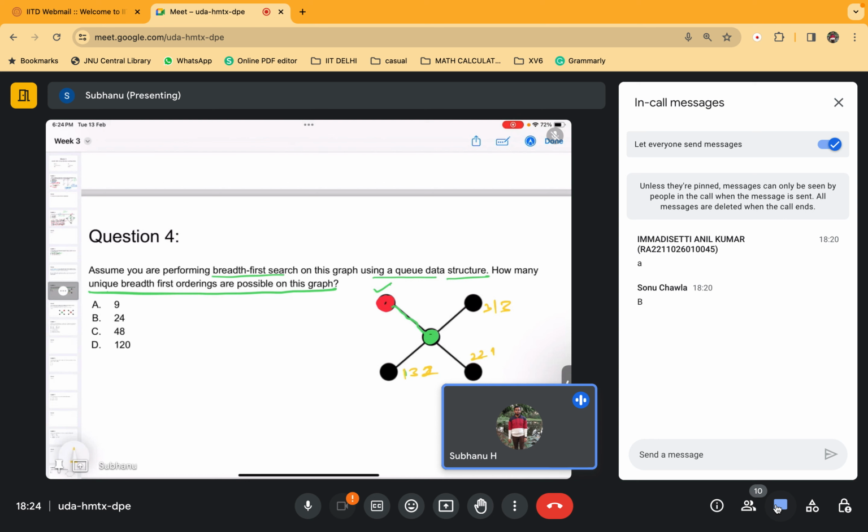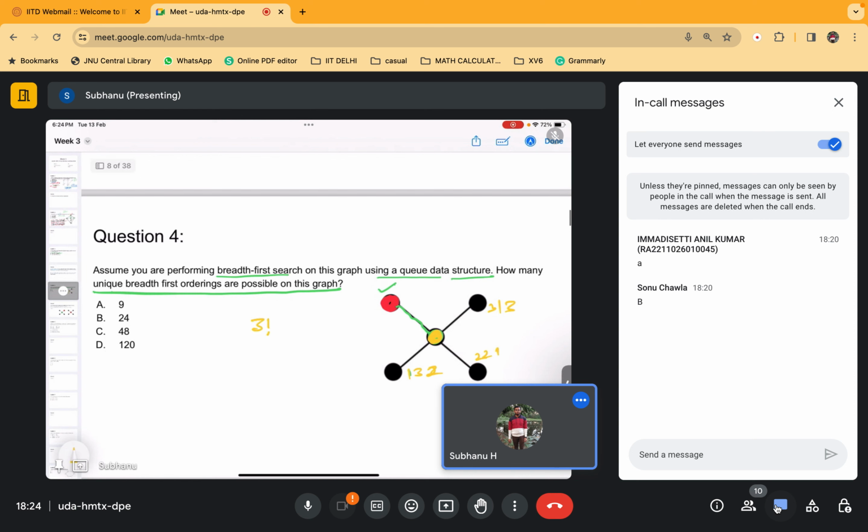From this one, how many options do you have, where you are standing here? You have three ways to go, so in total 3 factorial options, which is basically 6 options. So if you have 3 factorial options for this node, then for the outside nodes, there are a total of 4 outside nodes.